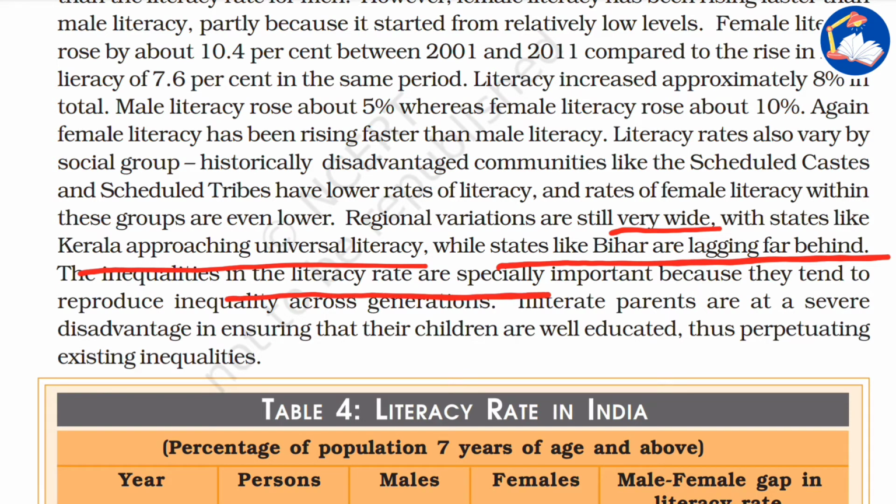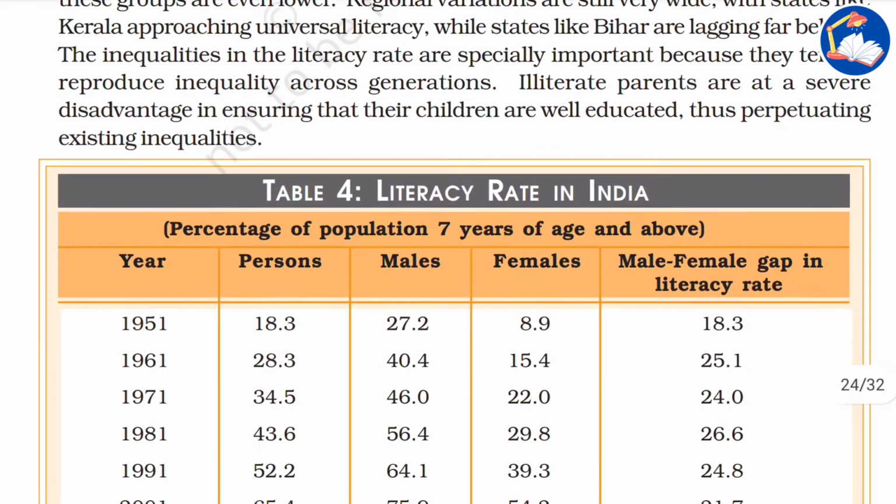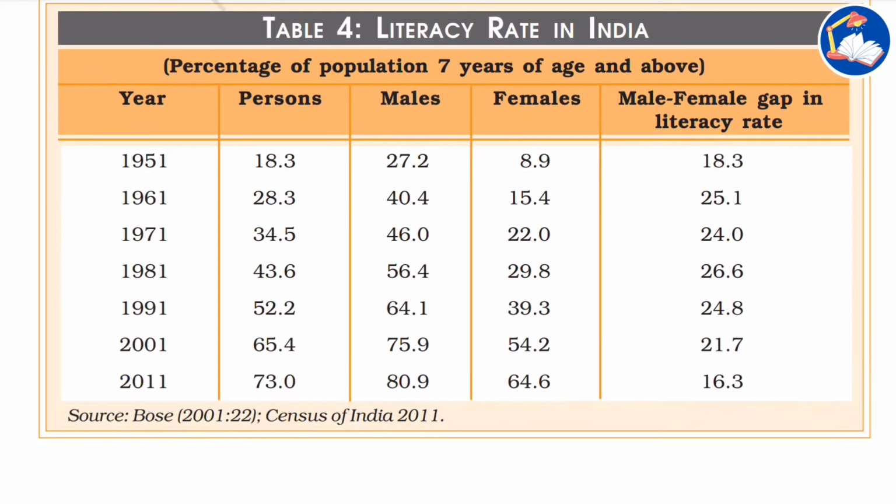Inequalities in the literacy rates are especially important because they tend to reproduce inequality across generations. Okay, and illiterate parents are at a severe disadvantage in ensuring their children are well educated, thus perpetuating existing inequalities.